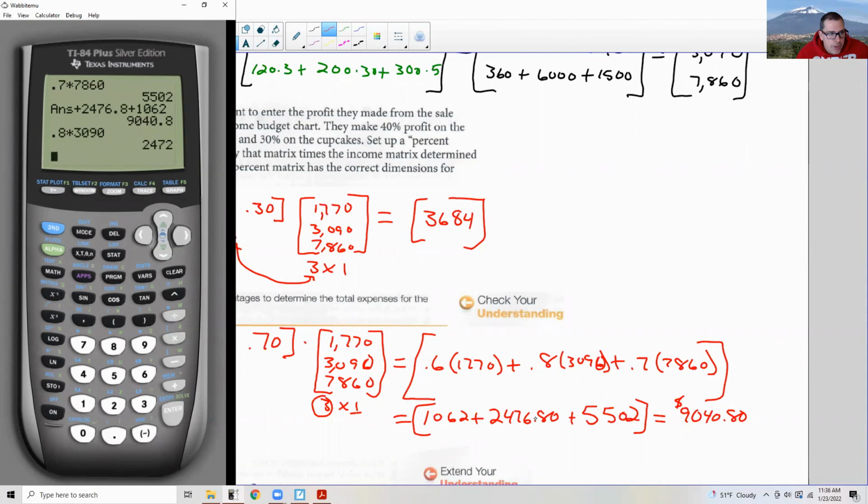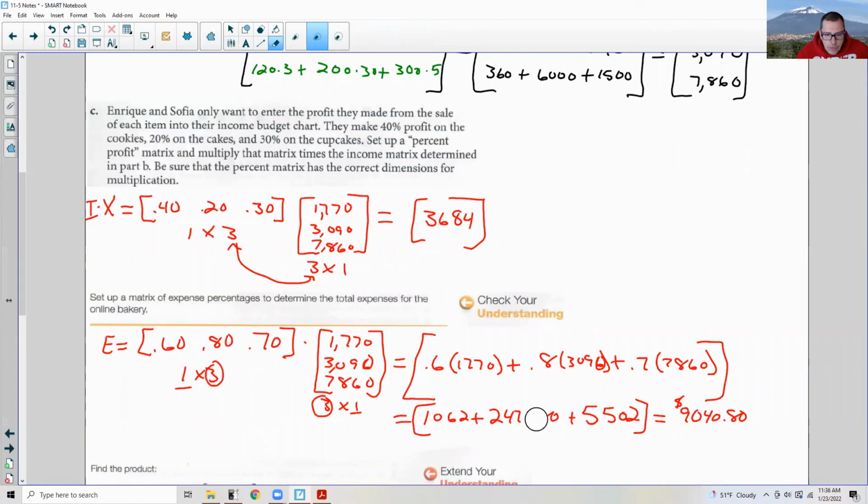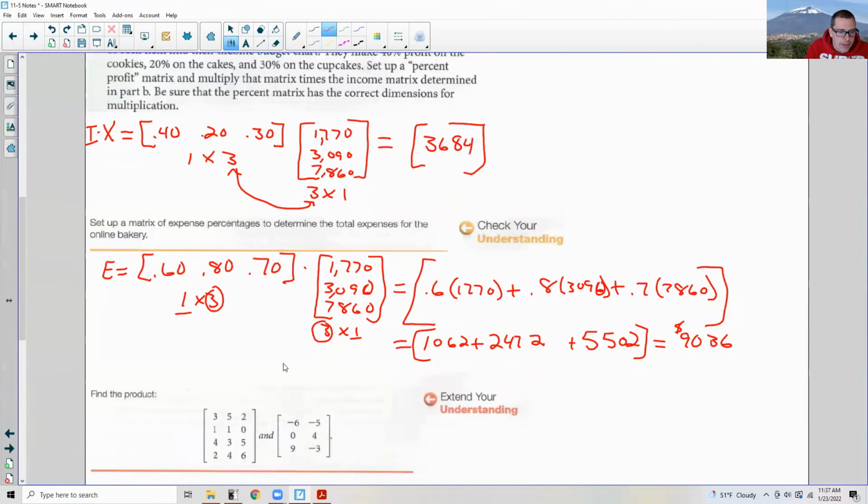Okay, so this is not 2476.80, it's 2472. So if I subtract 8 from my total over here, it should be 9036. That's what the answer should be. Hopefully you didn't do the same thing I did. And I'm not going to show that in the calculator. We already know how to do it in the calculator, I hope.